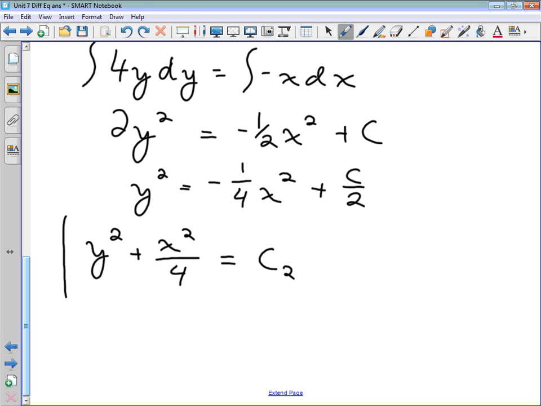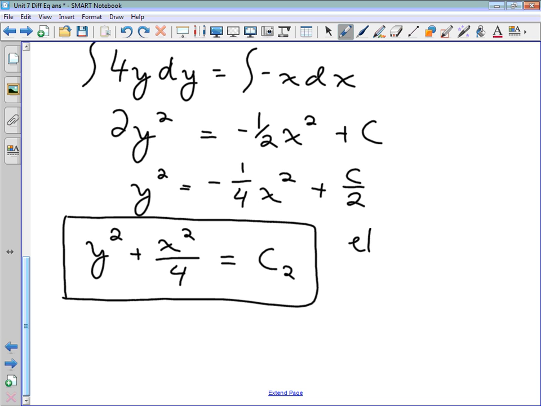What is this the equation of? Well, this is the equation of an ellipse. Oops, that's not how you spell ellipse. And I should say it's a series of ellipses, centered at 0, 0.